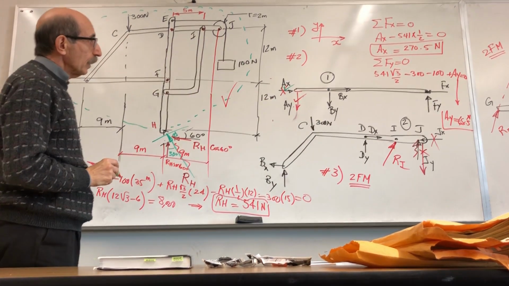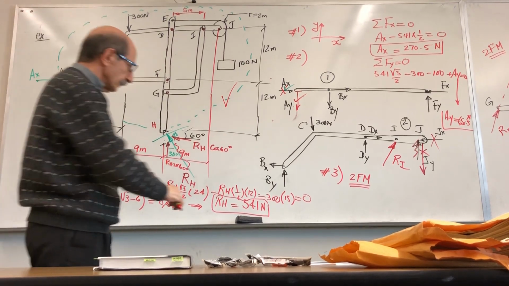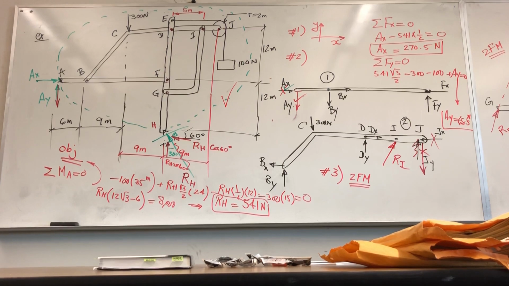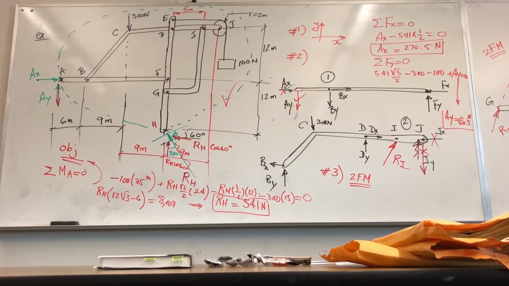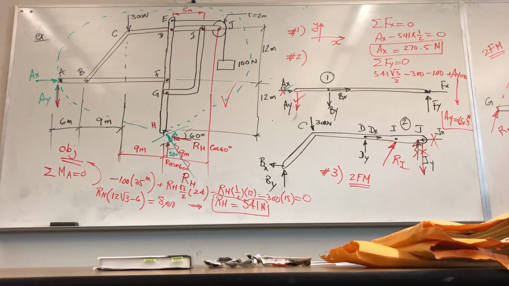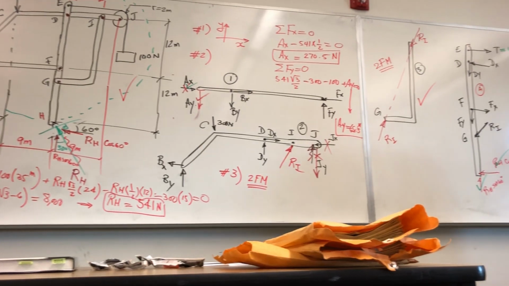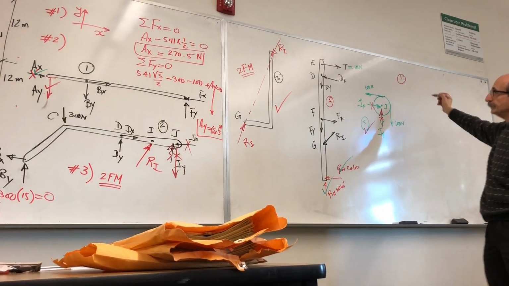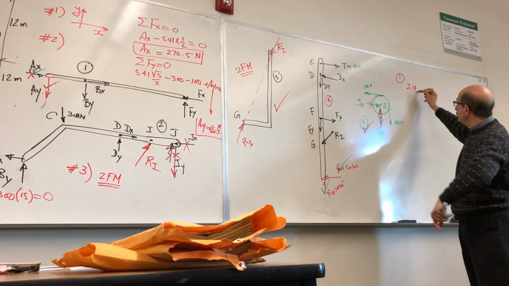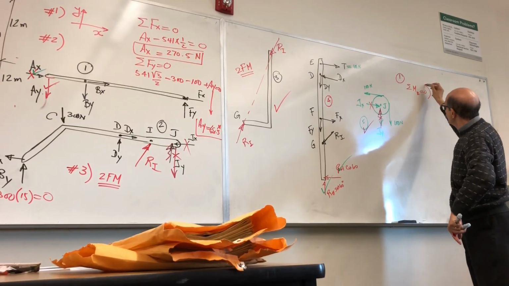All right, so I'm going to use, I'm afraid I have to erase something here. So I will use free body diagram number 1. So if I use free body diagram number 1, I will take summation of moments about point B is equal to 0.